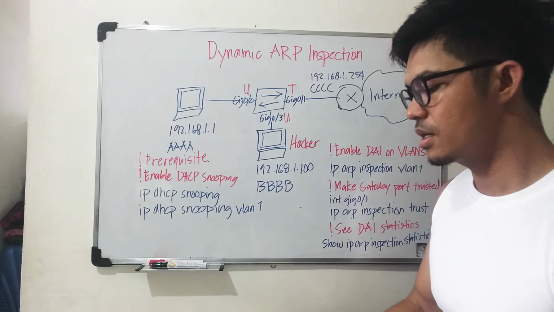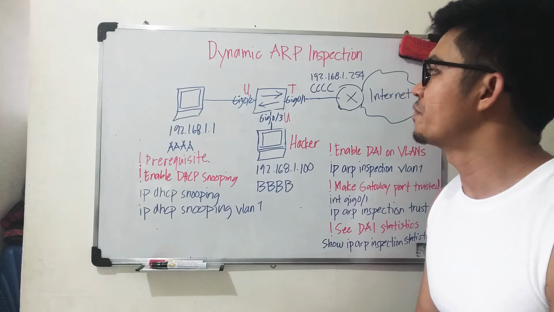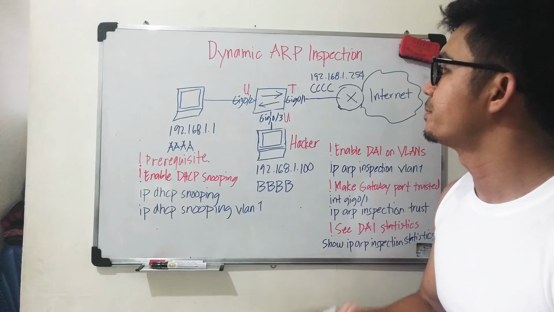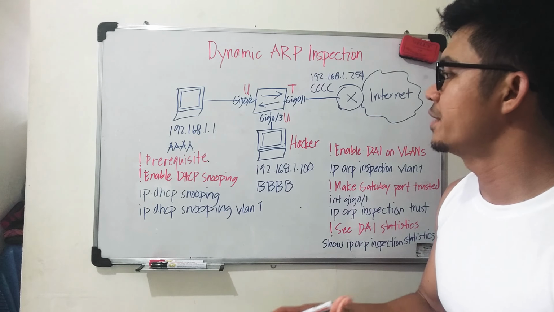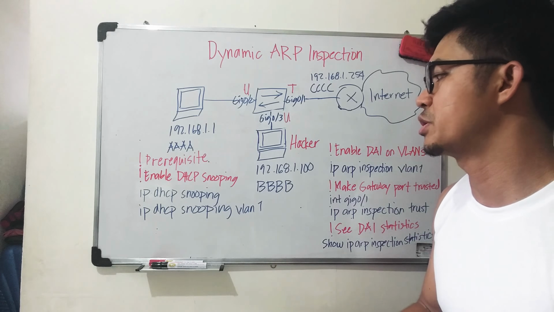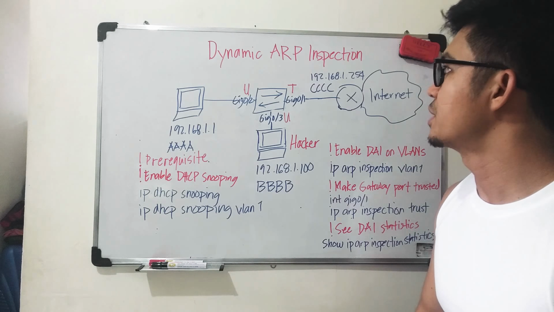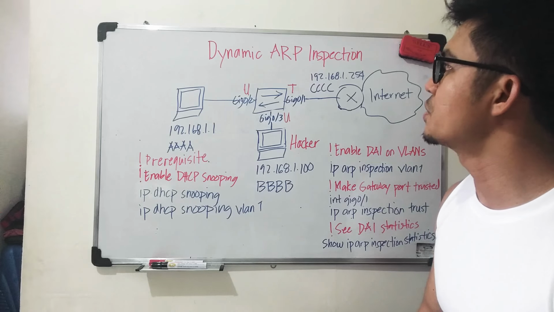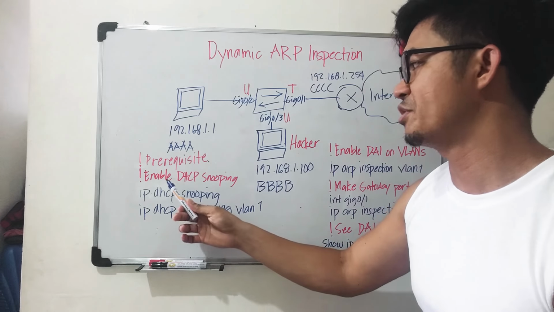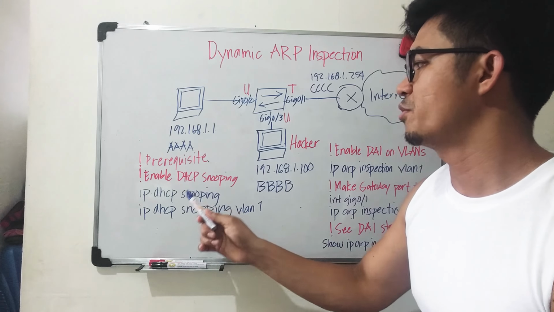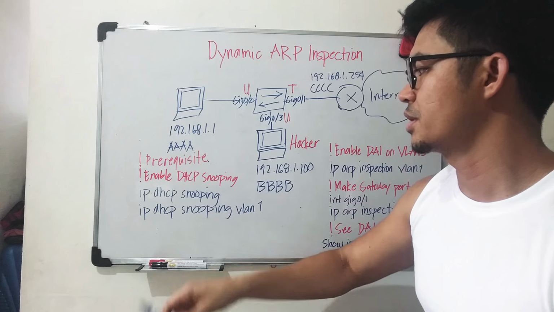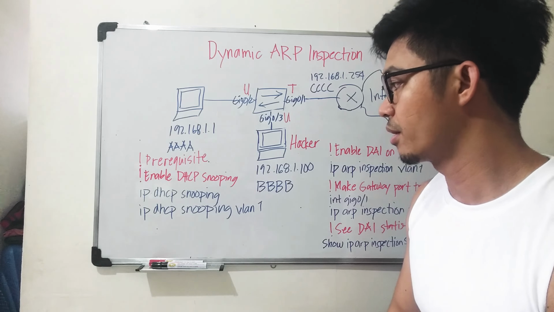So how can we configure it? First, we need to enable DHCP snooping if we want to use dynamic ARP inspection. So this is a prerequisite. So enable DHCP snooping. How can you enable DHCP snooping?